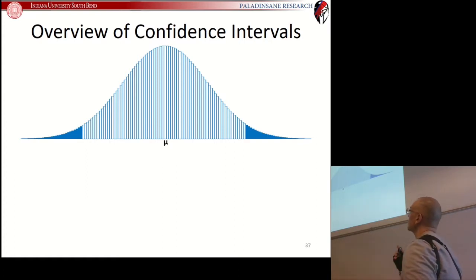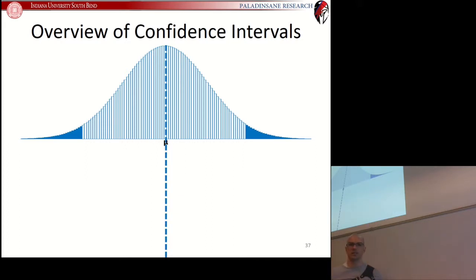We don't know what that is, but that's what we want to estimate. In our interval estimates, if our estimate contains this line, then we have estimated correctly. If our estimate does not contain this line, then we've estimated incorrectly. That line is where the mean of our population is. The mean of our population is what we want to estimate. So far so good? Okay.